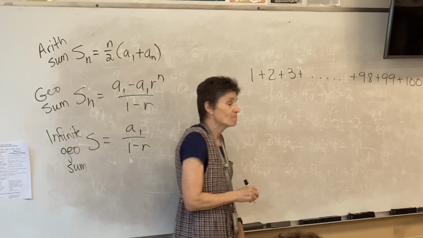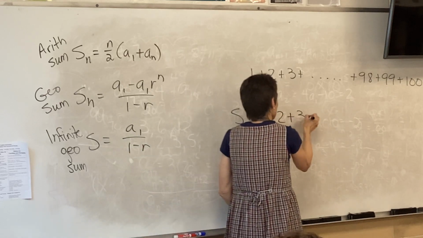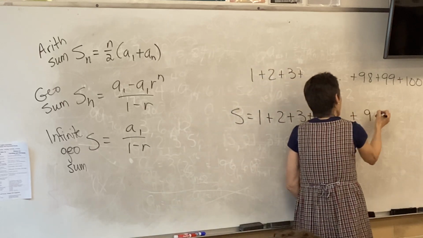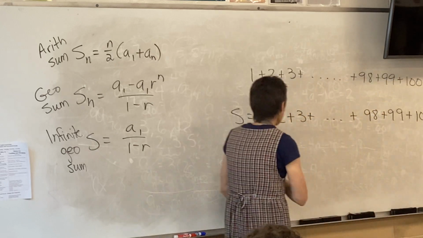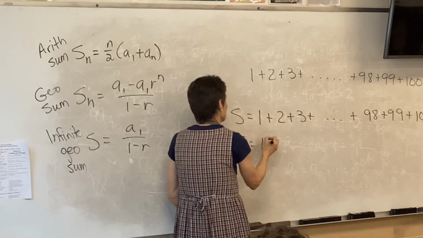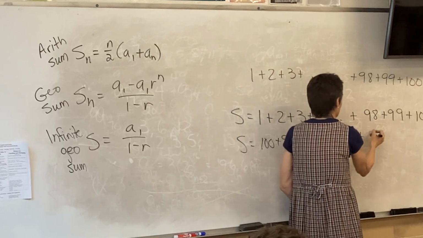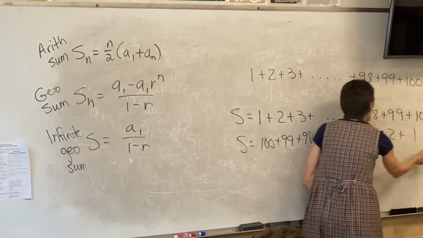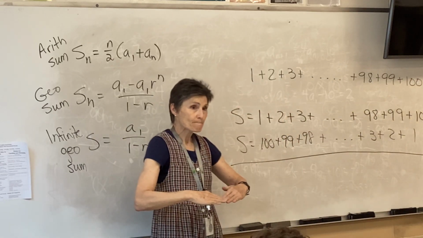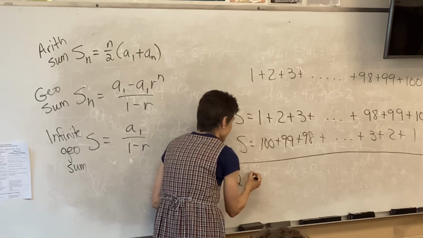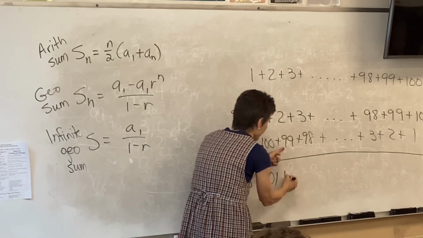And he says, teacher, you want me to find this sum. And I know that that sum is the same if I turn it around. And if I add these two equations together, 2 of these sums, look what happens when you add these 2 equations together.